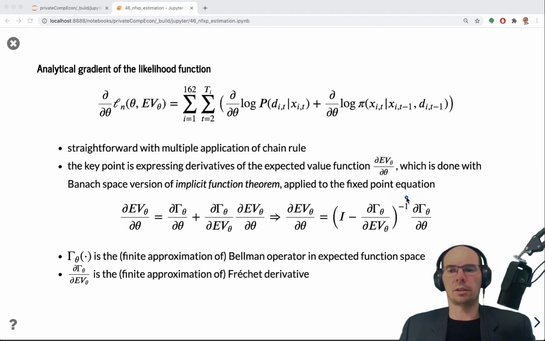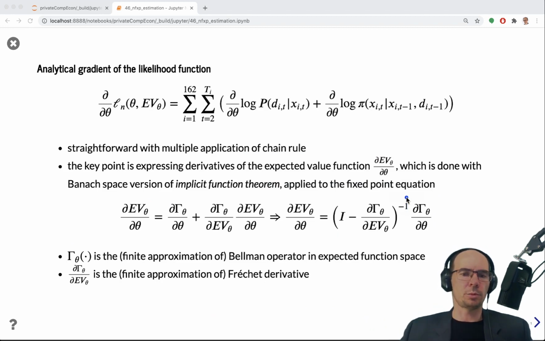And this is also something that is very easy to imagine when we are working with finite approximations of the operator in the code. So this is going to be essentially a non-square matrix, the n by k matrix to represent this derivative.